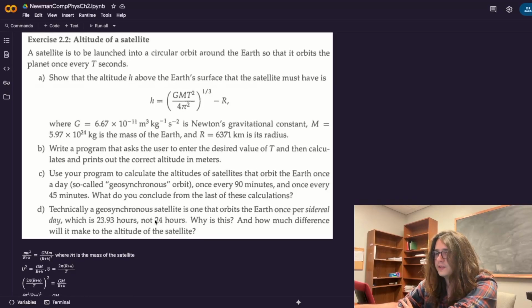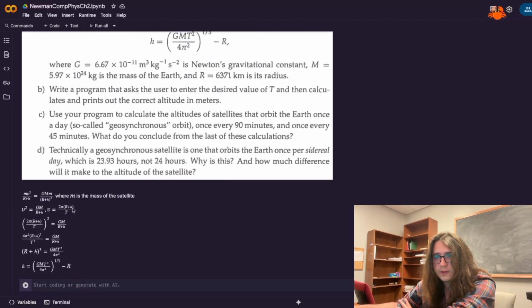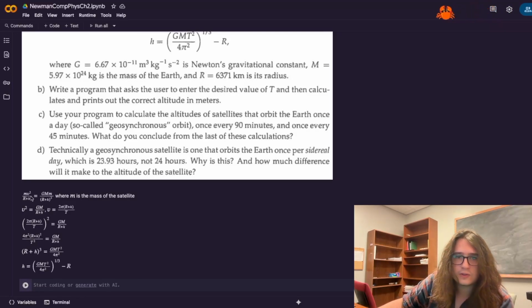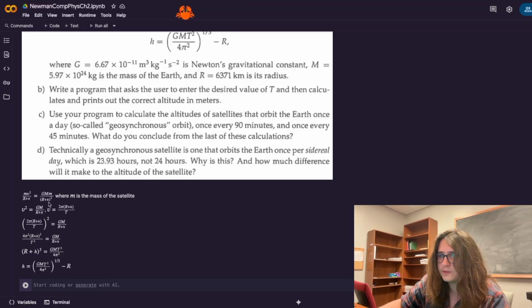So I did just solve this in LaTeX before I even started recording. What I did is I started with the equation for centripetal force of an object with mass m, and then equated it to its gravitational force by Newton's gravitational force equation, and then did a little bit of algebra on it.